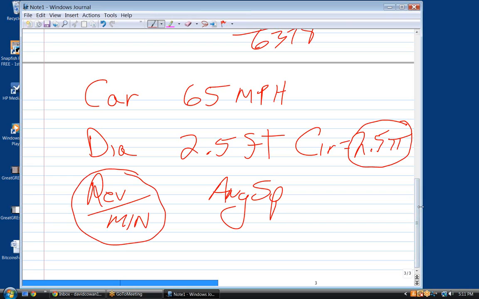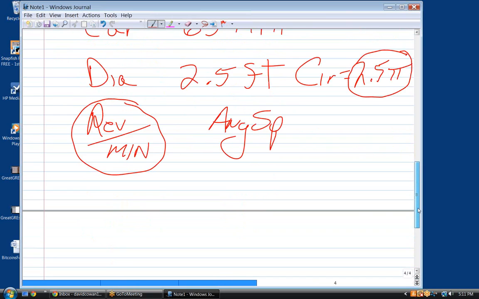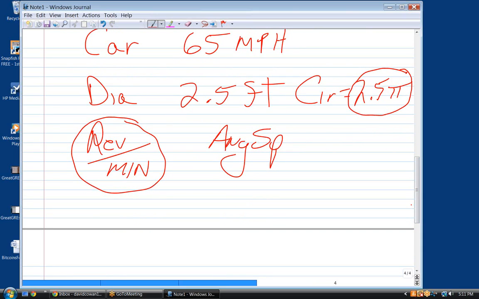So let's see how we're going to do this. It's been a while since I've done one of these. They always start trigonometry off by doing these. Here I have a conversion method.